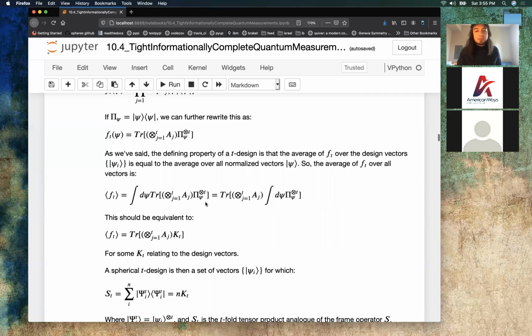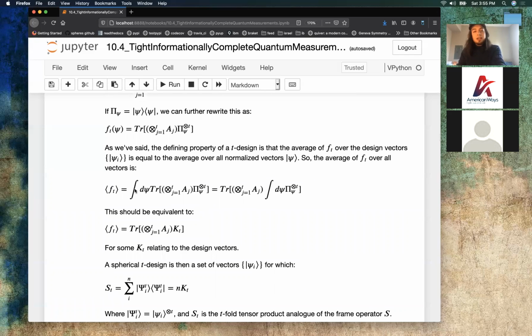And then we could move the integral into the trace. So we could write it as the trace of the product of all these A's times the integral over all the possible psi's, where this is the projector of each psi, tensored together t times.